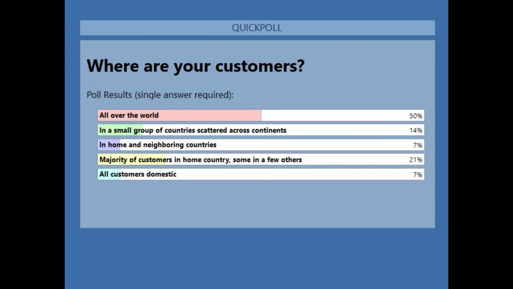Well, look at that. I imagine there's some self-selecting going on here in terms of who our audience is today, and interest in the topic. But half are all over the world. All right, we're overselling this need. Then it's not a future need for lots and lots of people here. All customers domestic, only 7%.